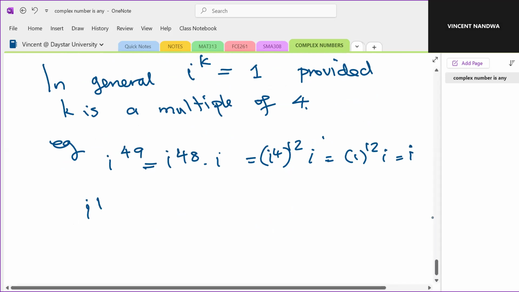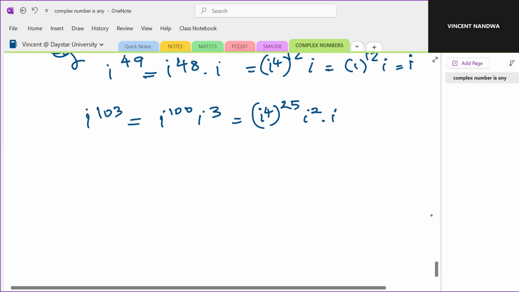i power 103, you find the closest multiple of 4 to 103, and that would be 100. So this can be written as i power 100 times i power 3. And you know 4 divides 100 25 times. So this is the same as i power 4 raised to power 25. i power 3 can be written as i squared times i.